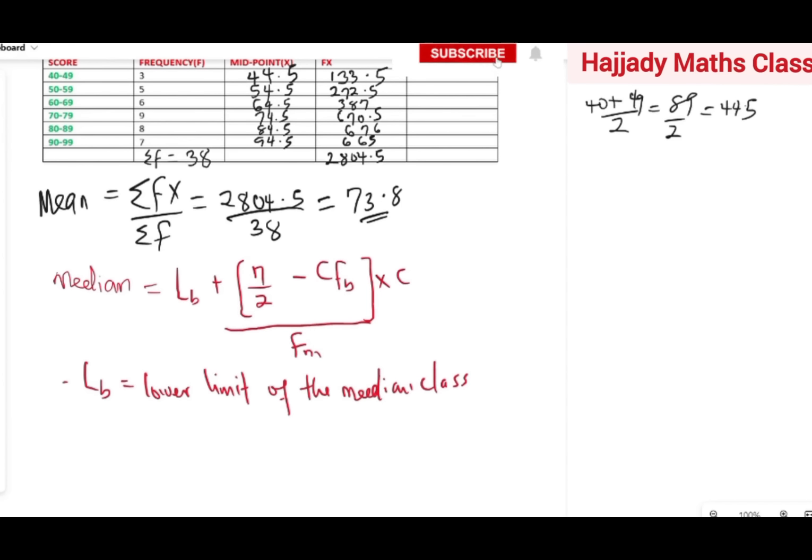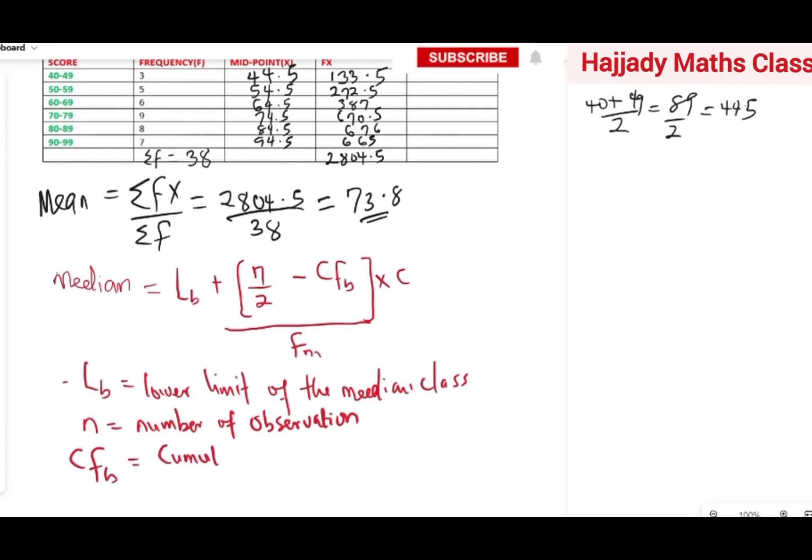And our n is the number of observation. Okay, we have that as our number of observation. We have our CFB to be the cumulative frequency before our median class.